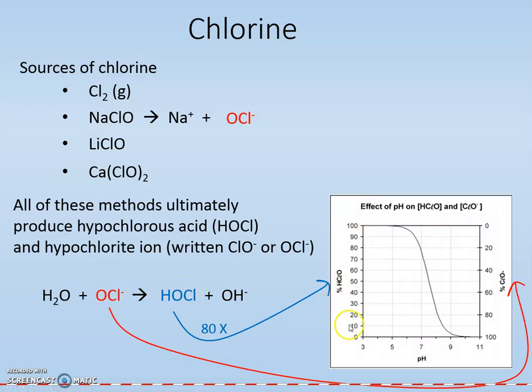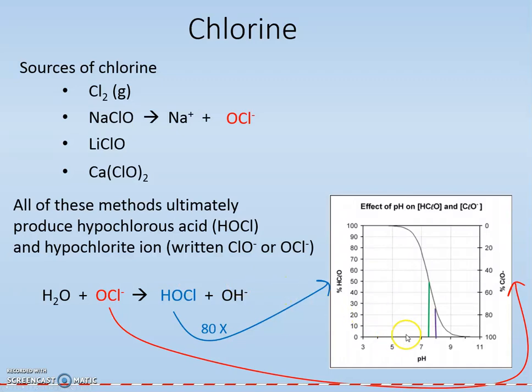So this is concentration or percent, and this is concentration or percent. Now, this is pH. Look what happens at pH here, 7, 8, 9. Look what happens at pH 7.4. If we go up and over, you discover about half of the chlorine in the pool is hypochlorous acid, and the other half is hypochlorite. So about a 50-50 mix of each of these.